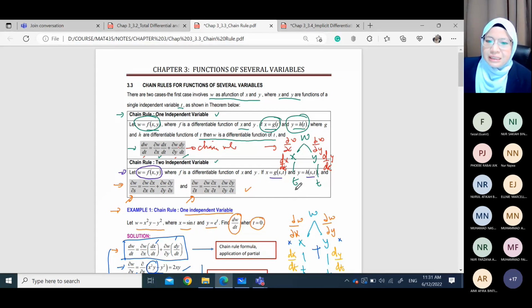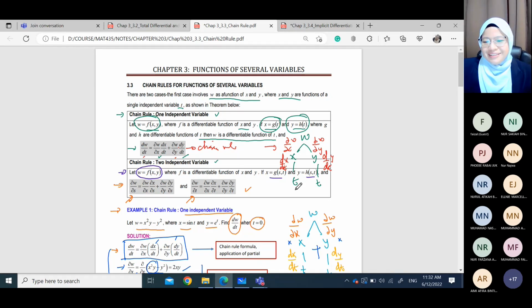So kalau you have a problem which involve function x and y and then itu bergantung kepada variable yang lain, then you can use chain rule to solve the problem.